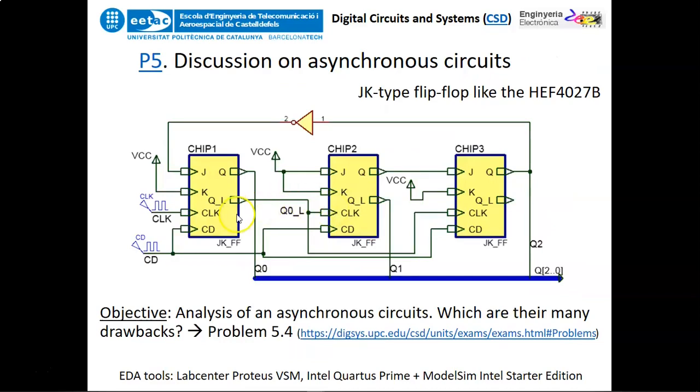Like this, you see, this is quite weird because you have one clock here in the chip 1. But then the next flip-flops, chip 2 and chip 3, have the same clock, which is not the clock from the chip 1, but is derived from the Q naught of the chip 1.